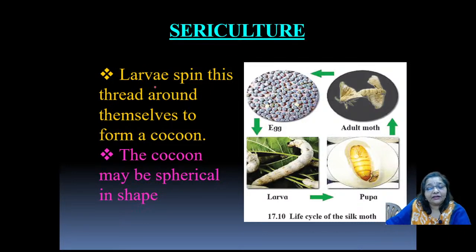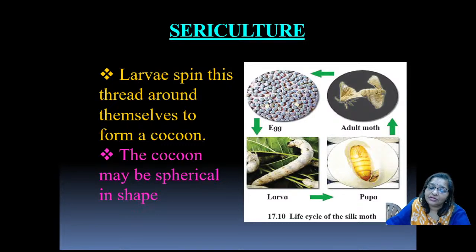If you see the life cycle of the silk moth, the adult moth, after sexual fertilization, the female moth produces millions of eggs and deposits those eggs under the leaves of the ain trees or the mulberry trees.